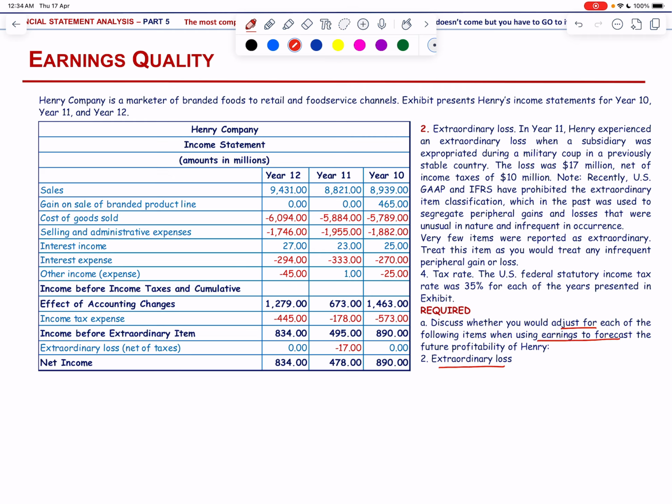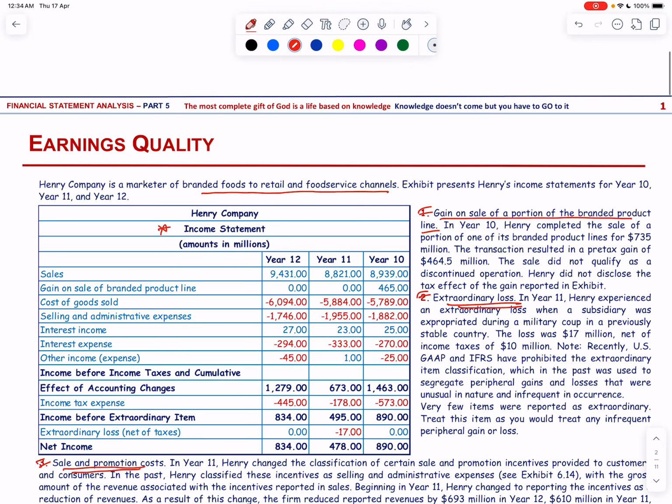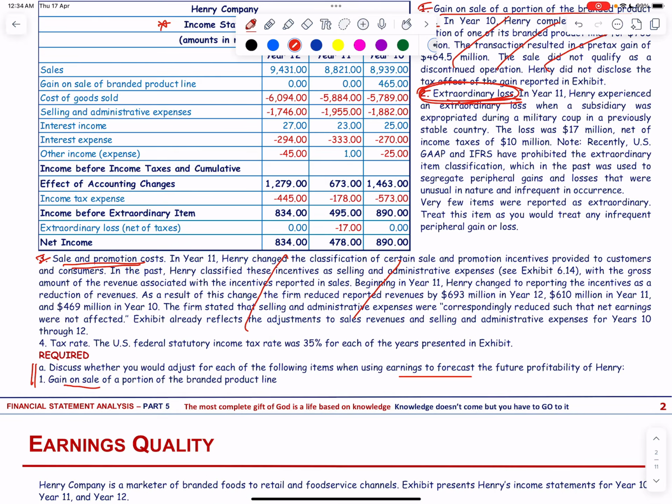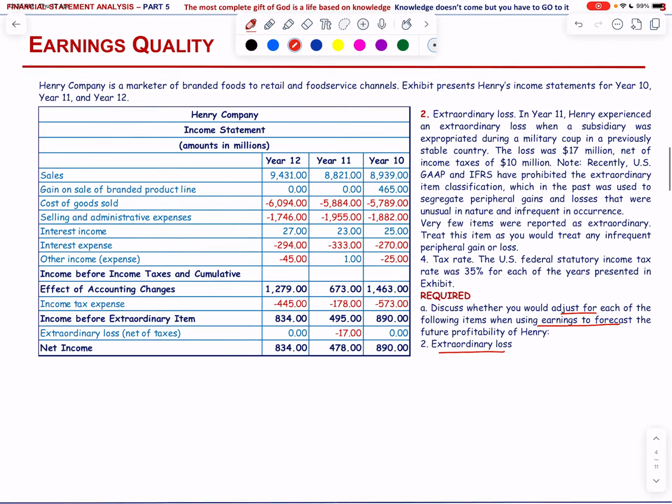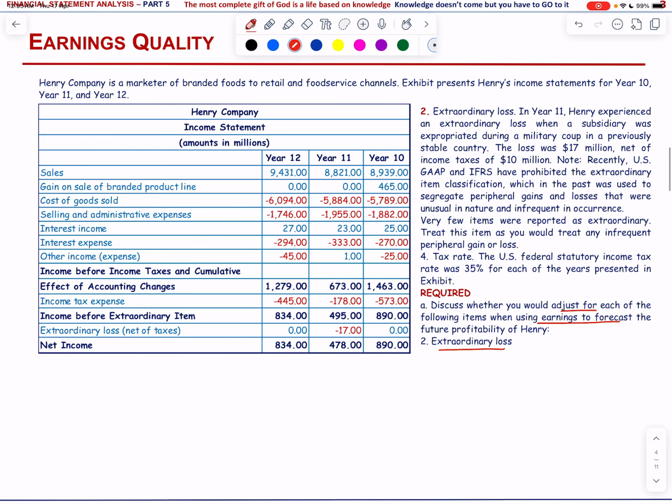And once again, I have simply focused only on the relevant section, that is extraordinary loss. The rest of it I have deleted just to have some space to explain the question. Now, the question is, should we adjust this loss when forecasting Henry's future profitability? And the answer is yes, we should do it.